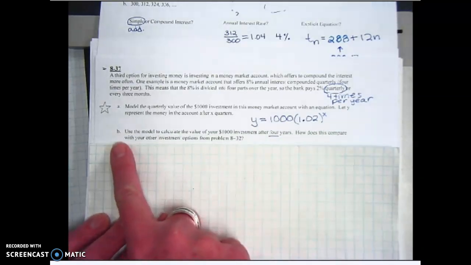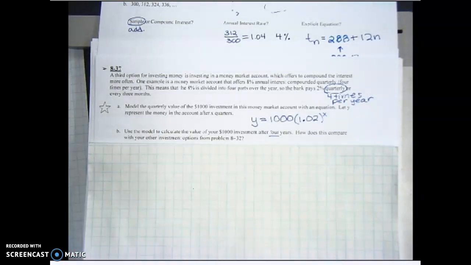So the next question wants us to find 4 years. All right. Part B, use the model to calculate the value of your $1,000 investment after 4 years. So how does this compare with your other investment options from yesterday's problem, 832?